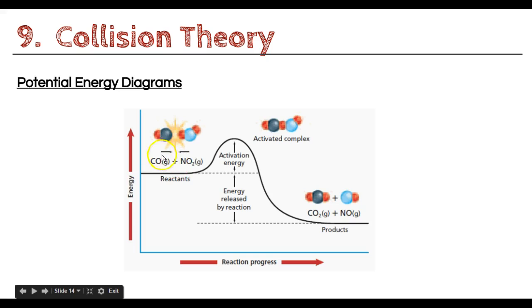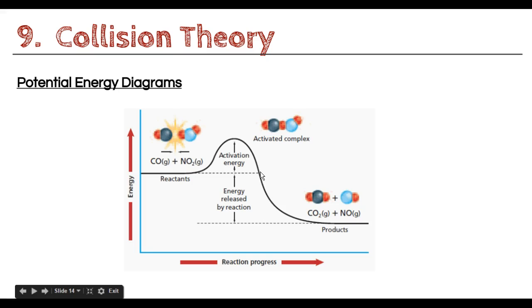So if there were numbers attached to this graph, I could draw a line across here and actually get a value for the top point, the activated complex point, the transition state. But I could also trace this back here and figure out what the initial energy was of my reactants. And the difference between those 2 points would allow me to get a value for activation energy for this particular reaction.